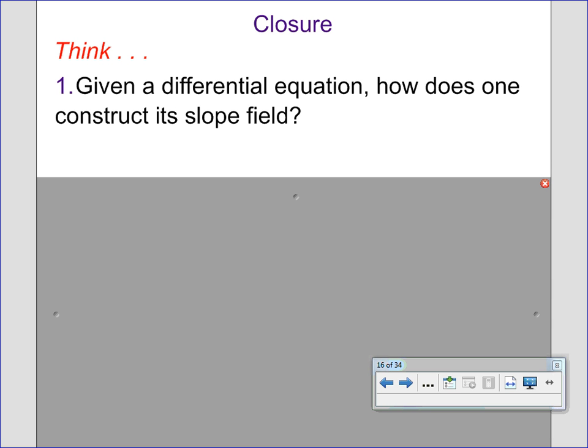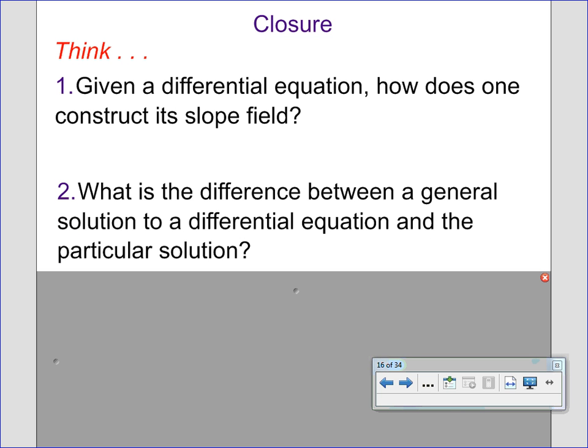First, let's go ahead and just think about our lesson today. Given a differential equation, how does one construct a slope field? I wrote these this morning at 3:45 in the morning. I printed this out after school when I didn't have it yet, so I wanted you to have a template, a place to write it.